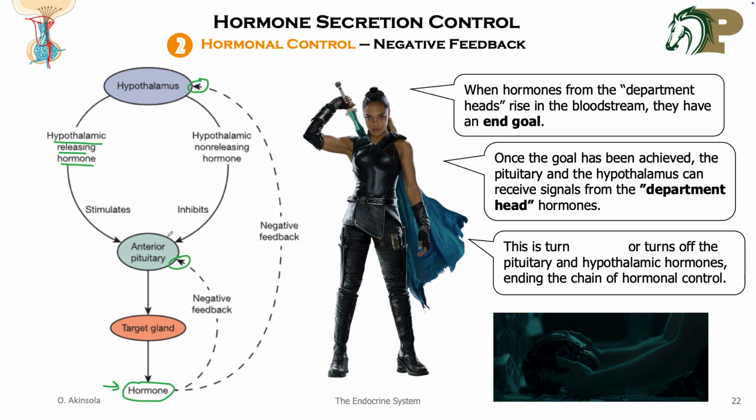You'll get the negative feedback. The hormone comes down, and that's where we get that nice range of values for a particular substance like calcium or glucose. This will in turn inhibit or turn off the pituitary and hypothalamic hormones, ending the chain of hormonal control. Okay? So negative feedback is a very important mechanism in regulating homeostasis.